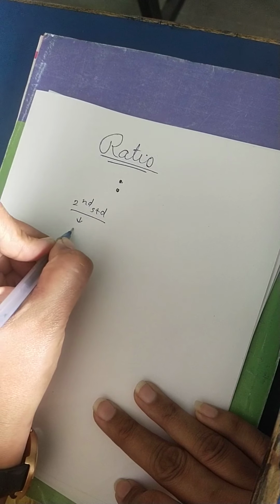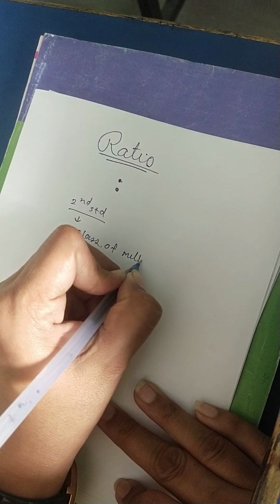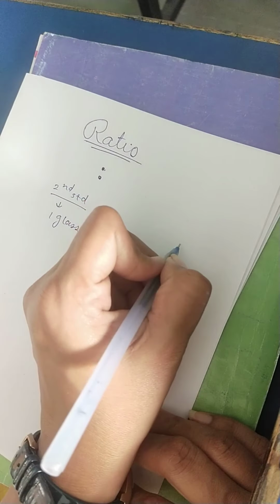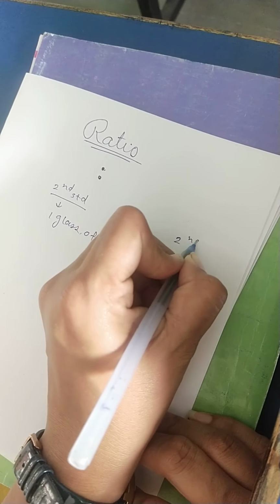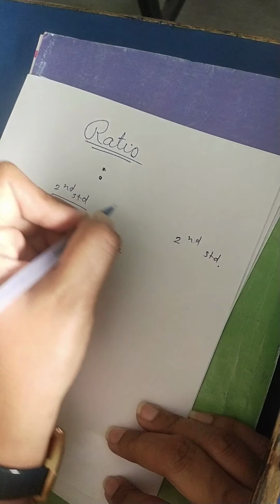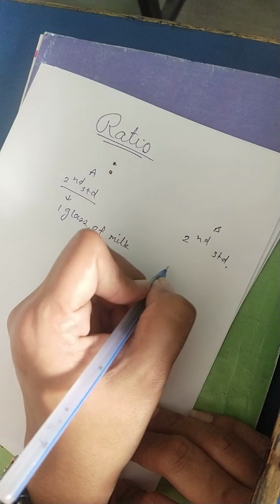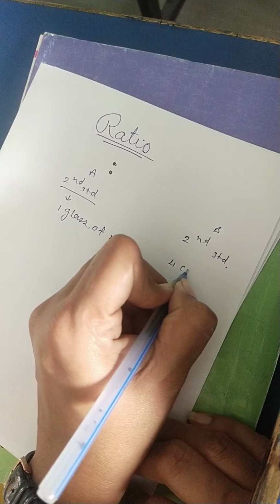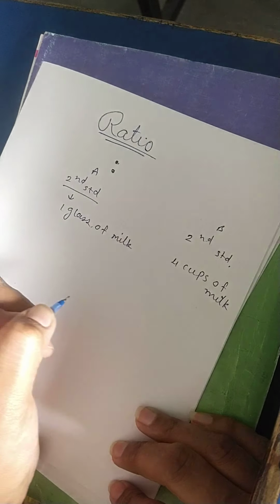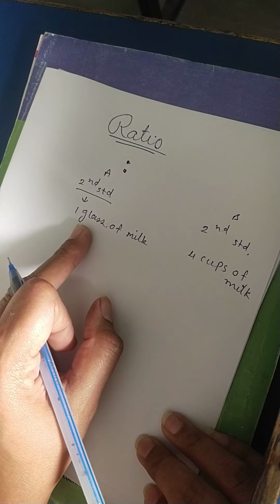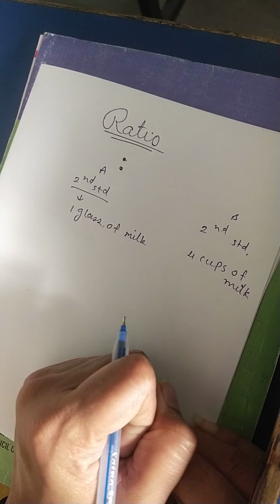One drinks 1 glass of milk, and another, this is second A and here second B, drinks 4 cups of milk. Here they are drinking 1 glass of milk and over here they are drinking 4 cups of milk.